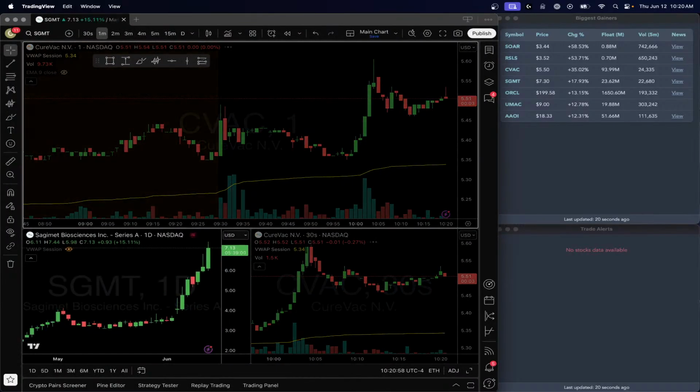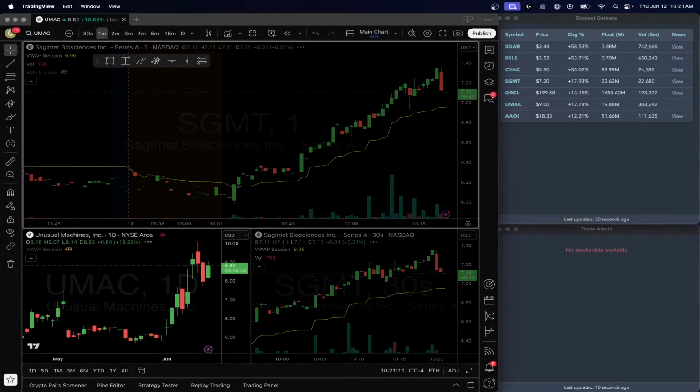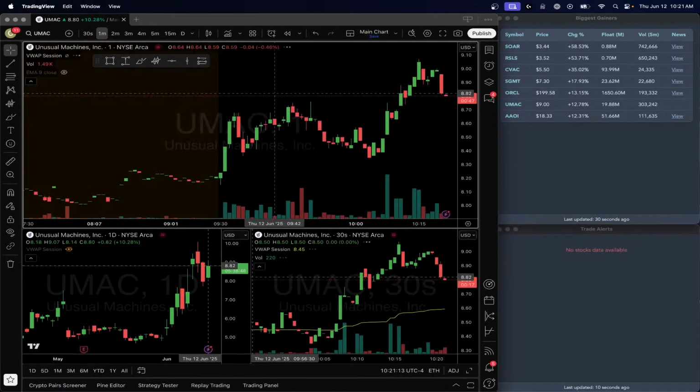SGMT is up 17%. The market's really slow, it really is. SGMT has had a nice run up the past few days. Oracle earnings. UMAC had a run the past few days.